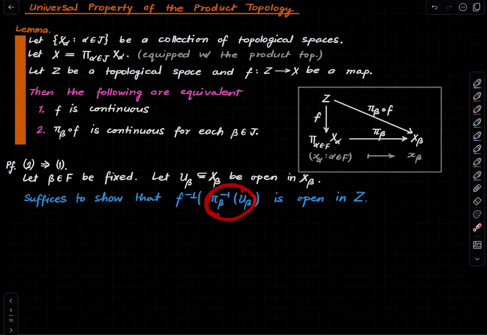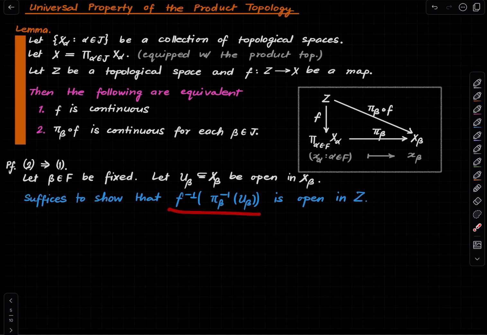Together these form a sub-basis for the product topology. This is the exercise on the previous slide. If you vary beta and you vary u beta, the collection of all of them forms a sub-basis for the product topology. And if we are able to show that f pulls back elements of a sub-basis to open sets, then f will pull back every open set to an open set. That is something we've already seen when we were discussing sub-bases. Okay, so this is enough.